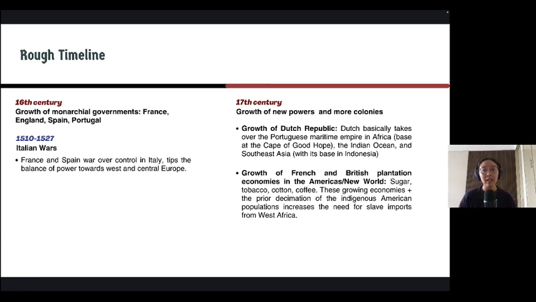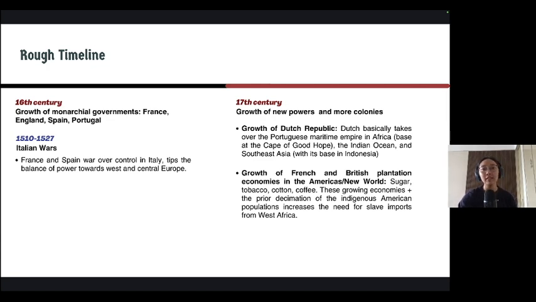So I point this out. We'll talk about it more later, but I point this out so we can see how the era we talk about as the Renaissance, as much as there were beautiful works of art that came out of it, was also a period of many, many wars, a lot of political strife, and in fact, the birth of some of the most intense large scale evils of the world like slavery, right?